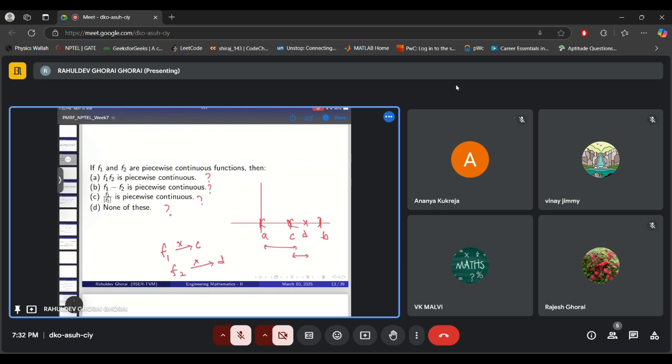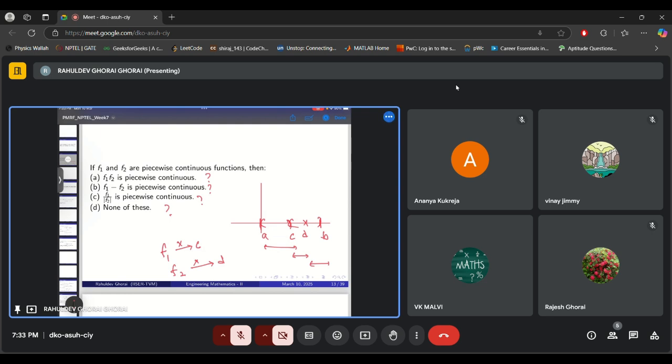I'll take c to d, where both are continuous functions, so f1 times f2 will also be continuous. And if you take d to b, again you get continuity. So if you take the product of two piecewise continuous functions, it will also be piecewise continuous, but the number of discontinuities may increase. They will still be piecewise continuous functions.